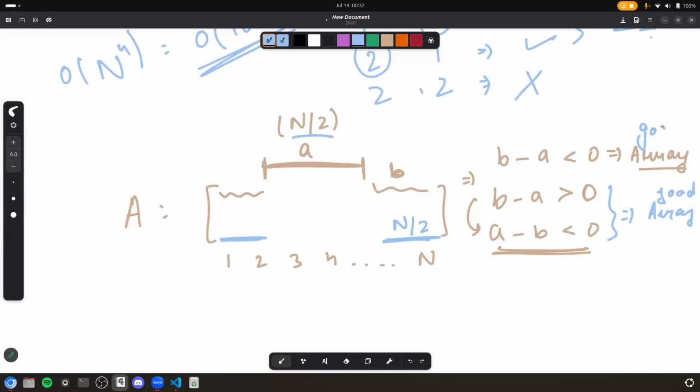That is a very important discovery: if the sum is negative or positive, then we can make the array good. We can say that the array is good.